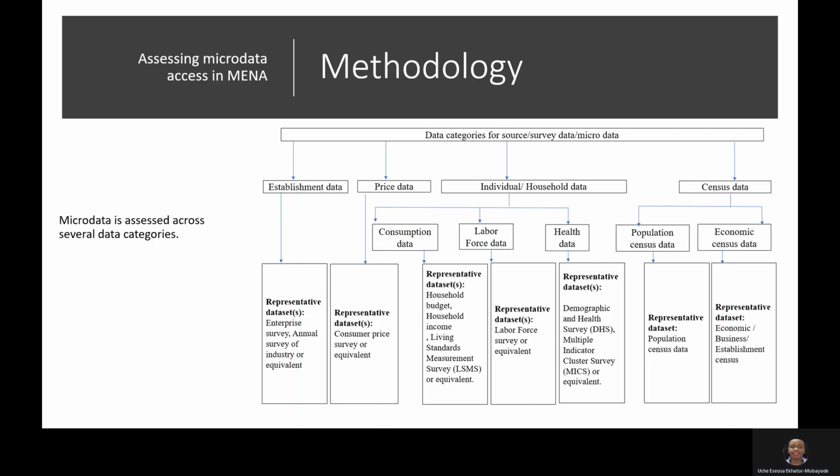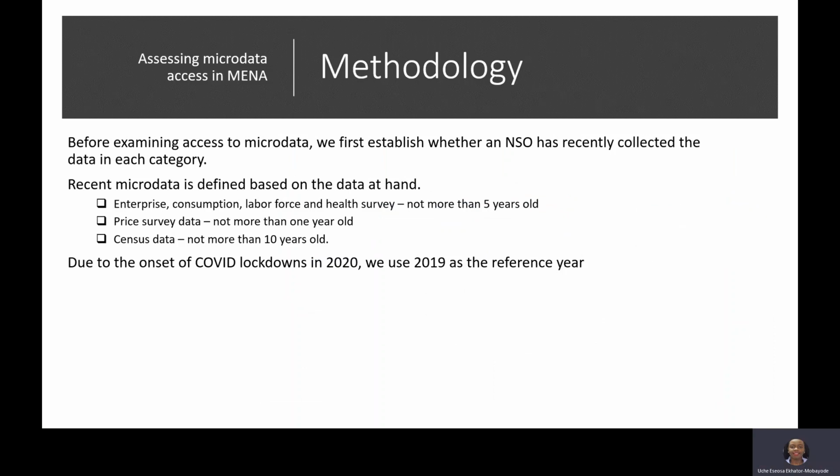So across all of these data categories, we visit the public-facing website of NSOs to find whether or not they have recent data. We define recent data based on two criteria. First, based on the data at hand for enterprise, consumption, labor force, and health surveys, a survey that is recent would not be more than 5 years old.